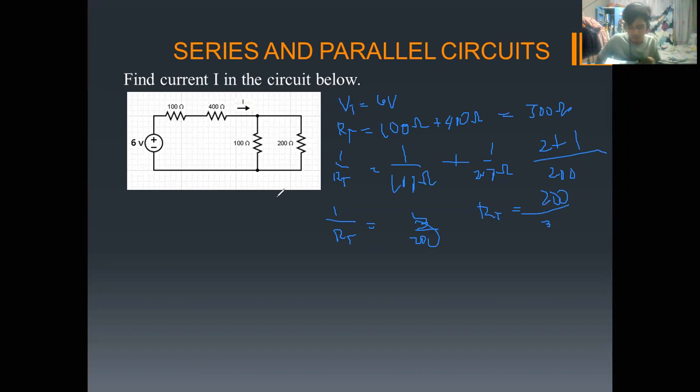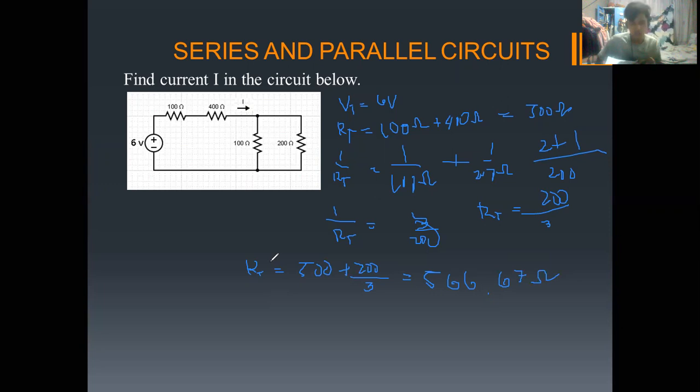Tapos, para makuha natin yung total ulit, ipag-add lang natin yung dalawa na na-compute natin, 500 plus 200 over 3, which is 566.27 ohms.